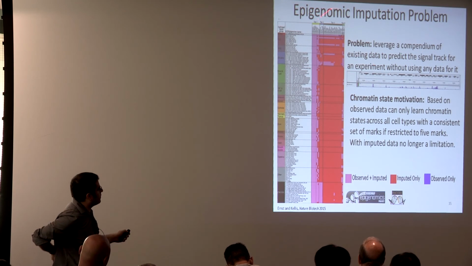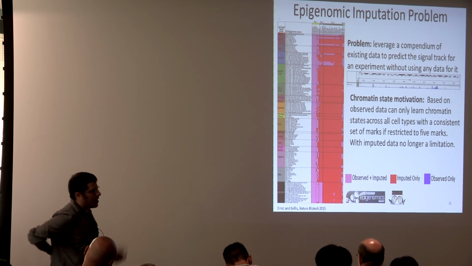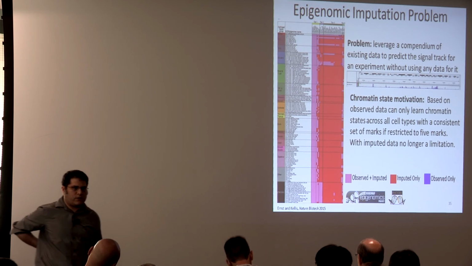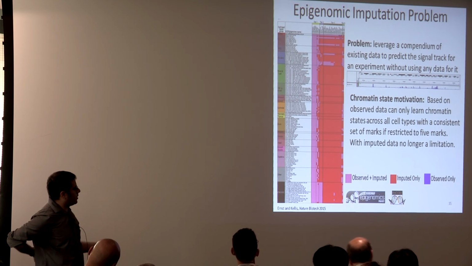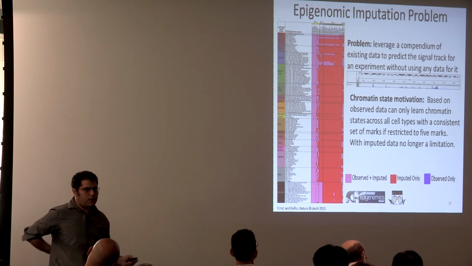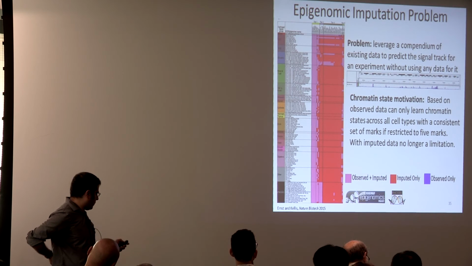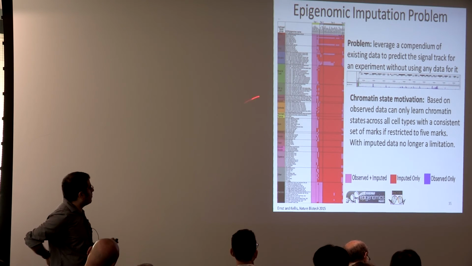And actually it was the case that at least a set of 5 histone modifications were mapped in every cell type with at least one experiment. But not every mark was mapped in every cell type. And you had some cell types which had many more marks than others, and then you had some marks which were mapped fairly deeply.